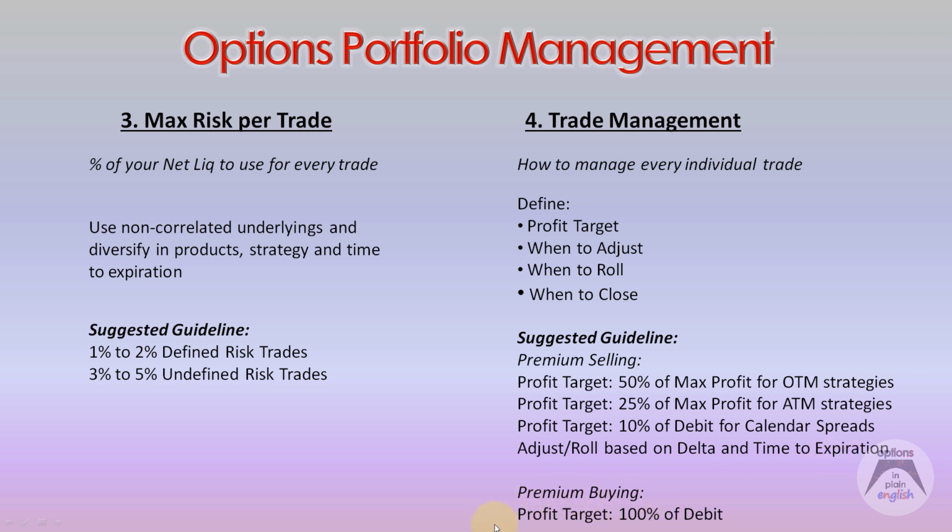And for premium buying, for example, your profit target could be 100% of the debit that you paid. So if you buy a call for $3, you want to sell it at $6 so that you make $3 as well. It doesn't matter. I'm not so concerned about what type of guidelines you apply, what type of rules, but you have to have rules.